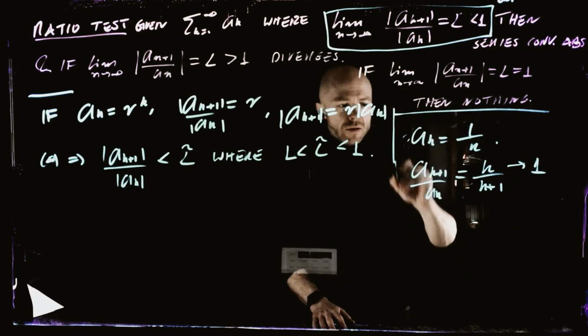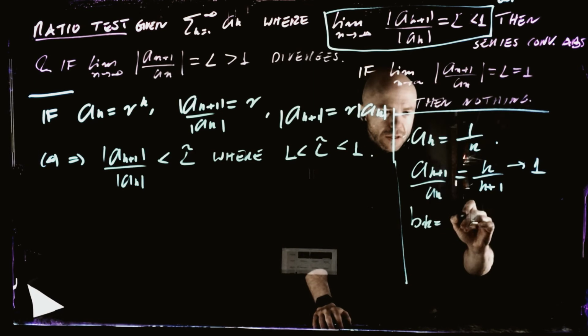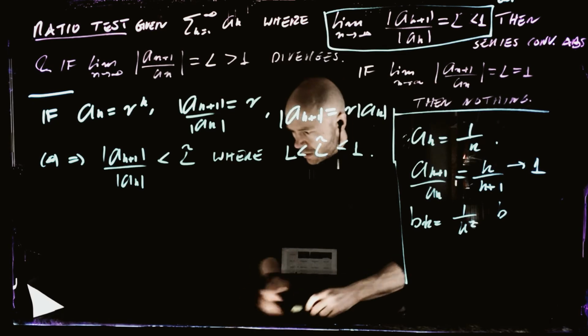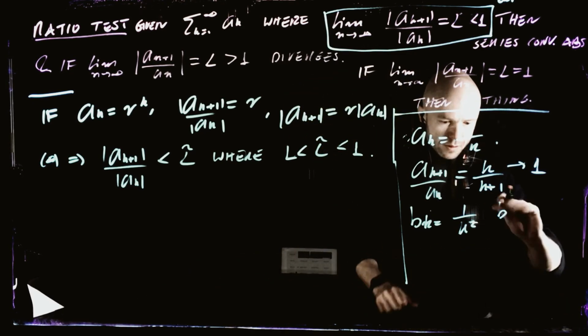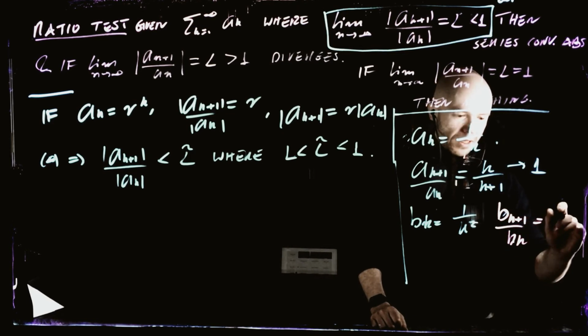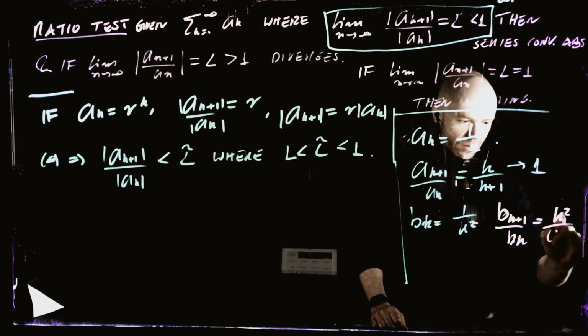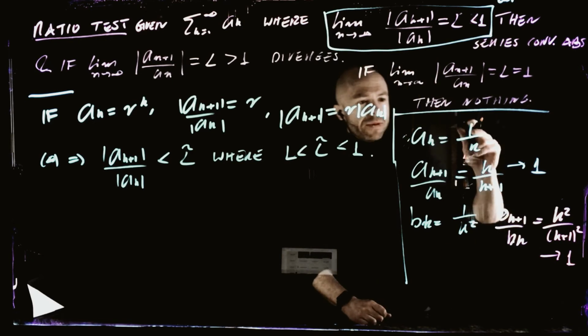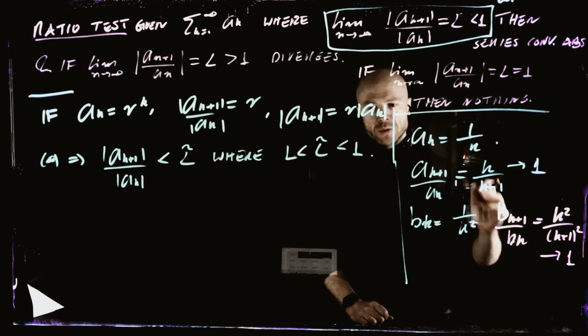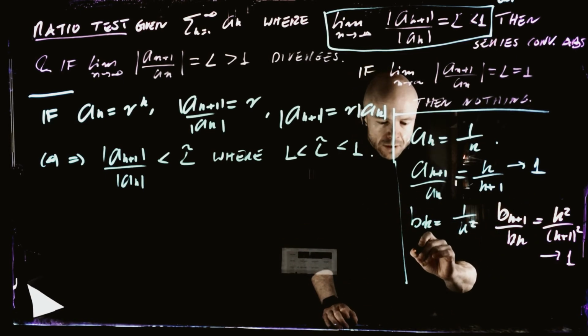Or if b_k is equal to 1 over k squared, then b_{k+1} over b_k is equal to k squared over (k plus 1) squared, which again tends to 1. And a_k does not converge and b_k does converge, but in both cases the limit is 1. In other words, we can't detect anything, so it detects nothing.